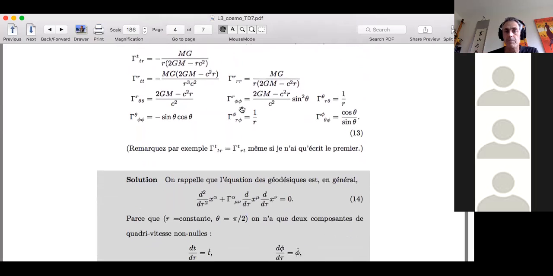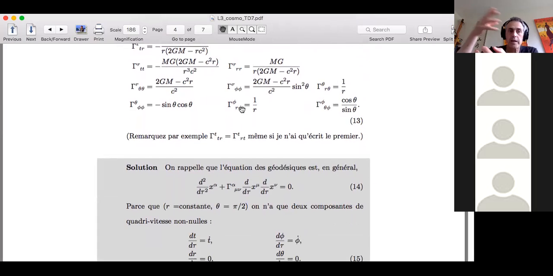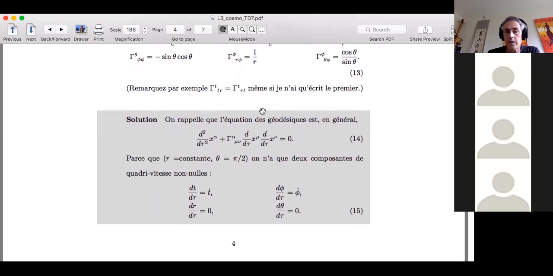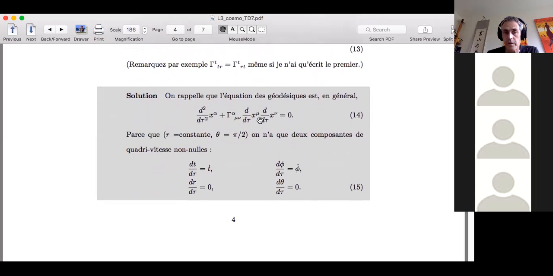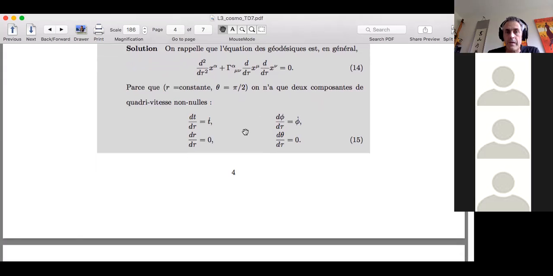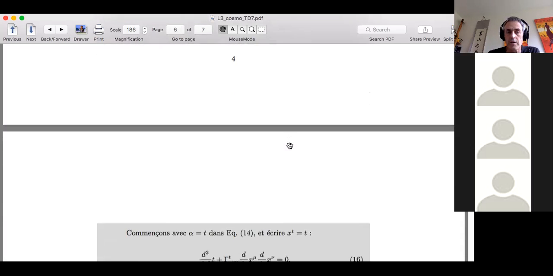They're the classic orbits of the Earth around the sun. So it's a time-like geodesic. In principle, it didn't have to be. So we have two things changing along the geodesic: the coordinate time and the azimuthal angle, and r is constant and theta is constant.